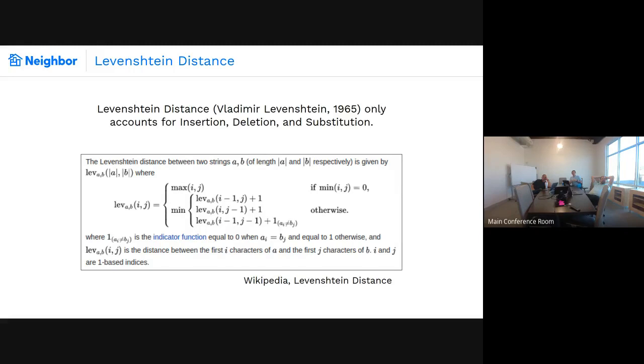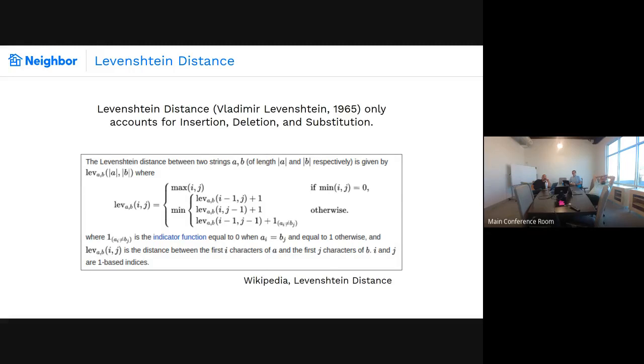And so there are 2 different cases, really 4, but is the minimum of the 2 lengths 0? So is one of the words the empty string, meaning it isn't a string? Then if so, the maximum of the 2, the length of the other, is the difference.